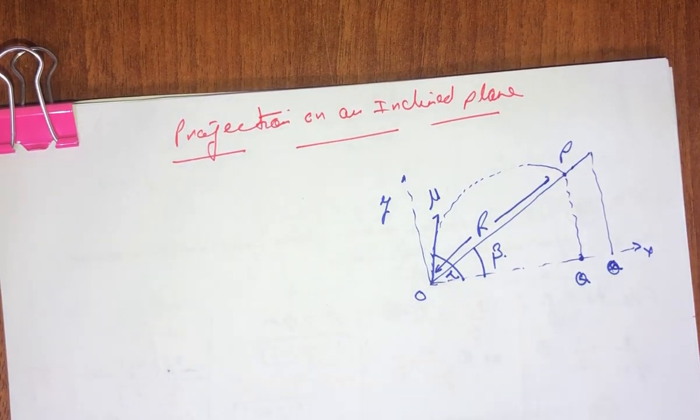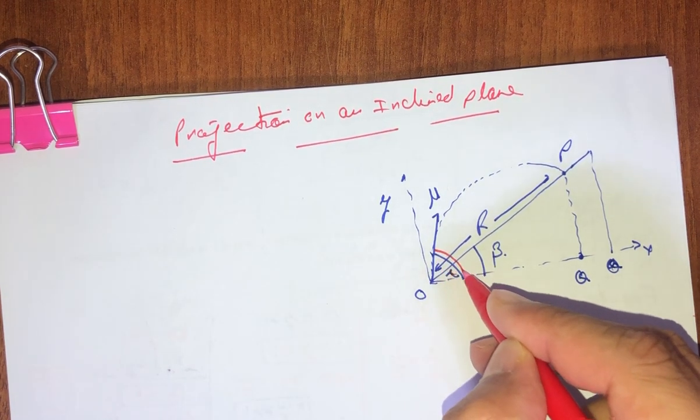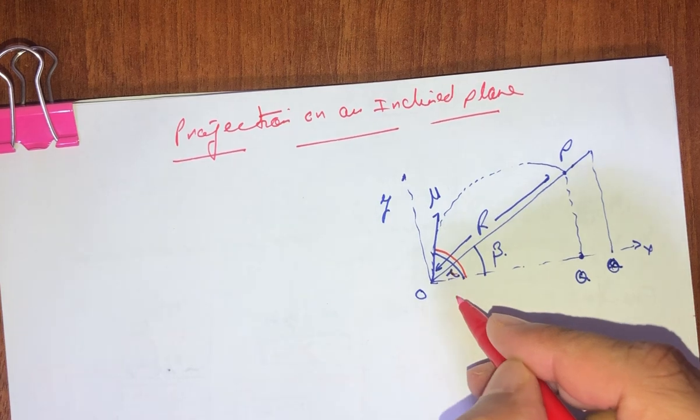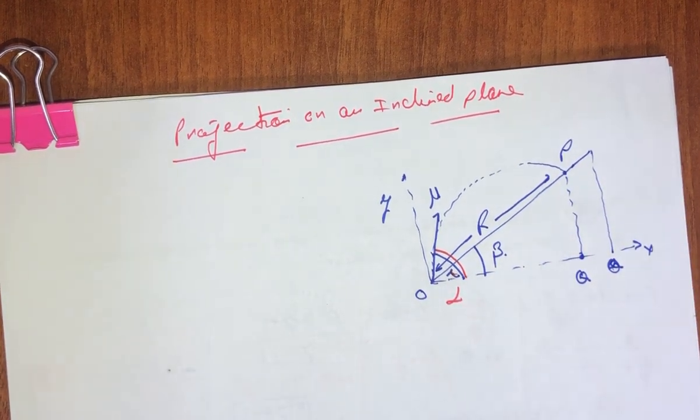Okay, and let me write this angle. This angle is alpha, the angle of projection with respect to the x-axis in this case.